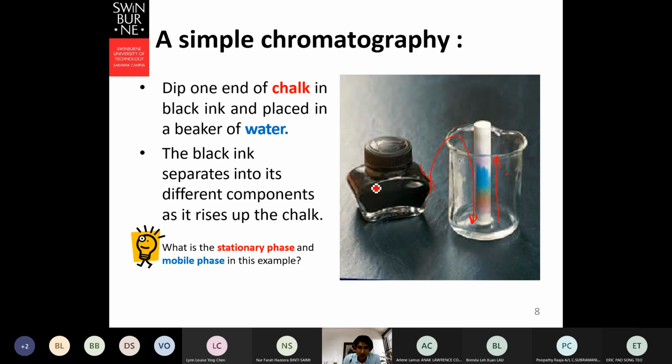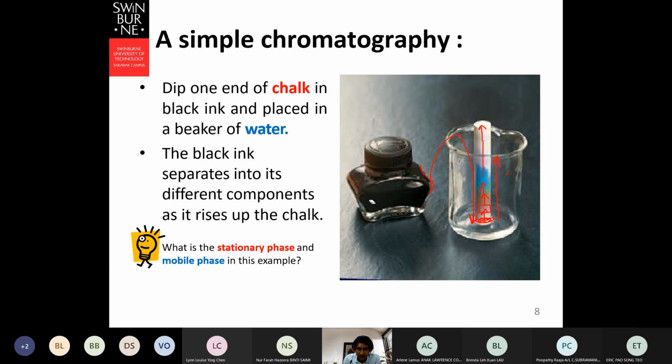Consider the chalk is very dry, not yet put in the water. But when we put it in the water, this side becomes wet first. This side is wet, but this part is not. This is the very dry part. So what will happen? Of course, the water will move to the dry part, until the whole part becomes soaked in the water, right? That is how it happens.